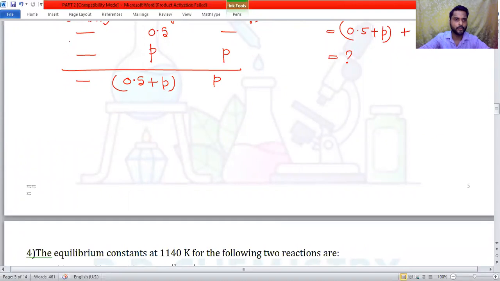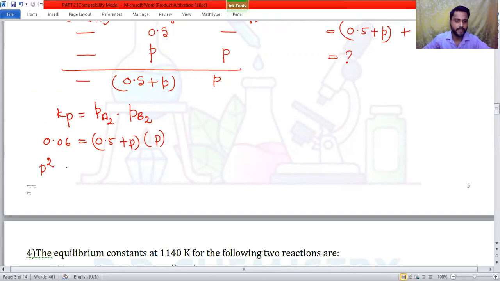Now we shall write down the Kp expression. Kp is equal to the partial pressure of A2 into the partial pressure of B2, divided by the solid, which does not exert pressure, so it is taken as 1. Kp is also mentioned as 0.06, which is equal to (0.5 plus P) into P. This finally gives the quadratic equation P square plus 0.5 P minus 0.06 is equal to 0.